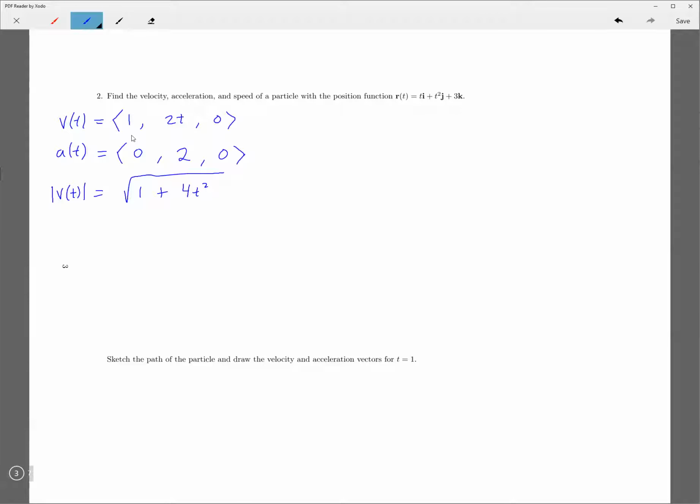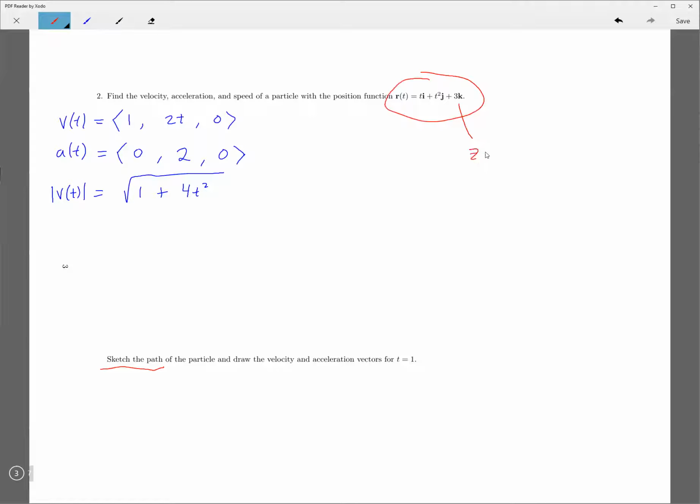Okay, and then for the same one, we're supposed to sketch the path that this makes. So, sketching the path of the particle. We have this equation right here.